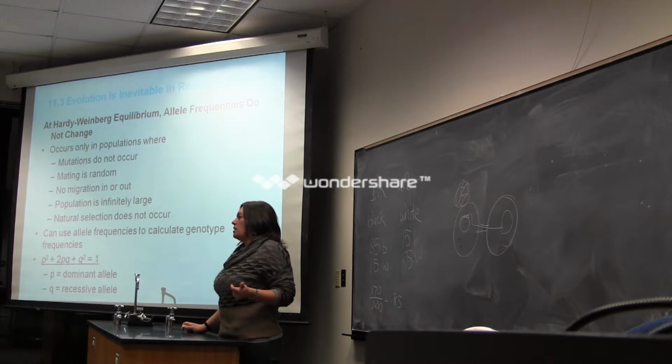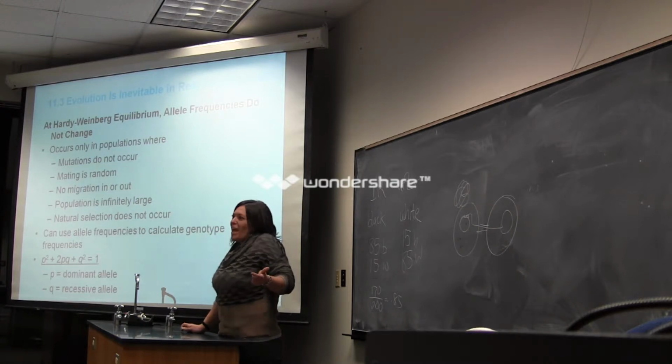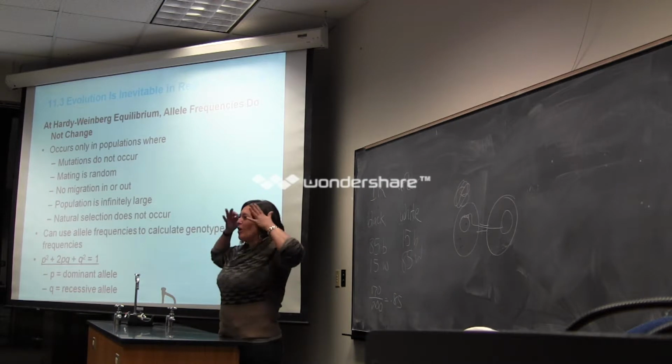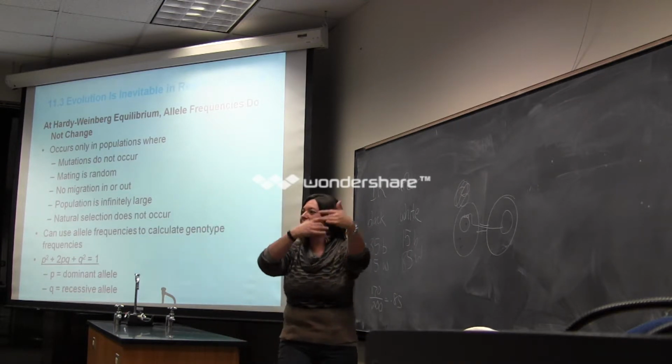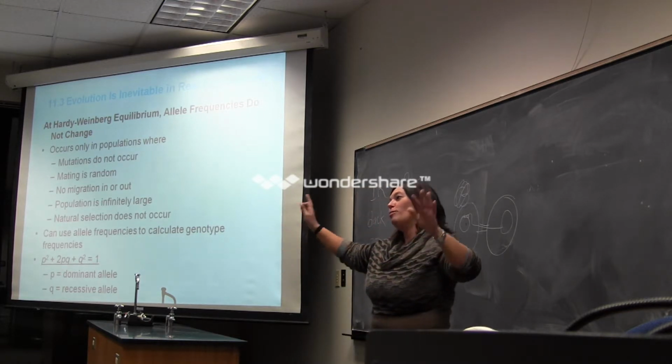For some organisms it might be. For humans, at least, it's not random, right? I don't just walk up to some guy and say, hey, let's mate. No, you have a set of criteria and it's a process. So it's not random. You choose who you want to mate with. Most people, hopefully.